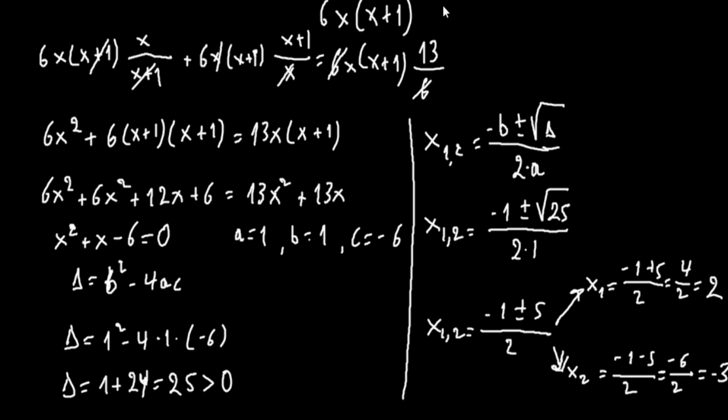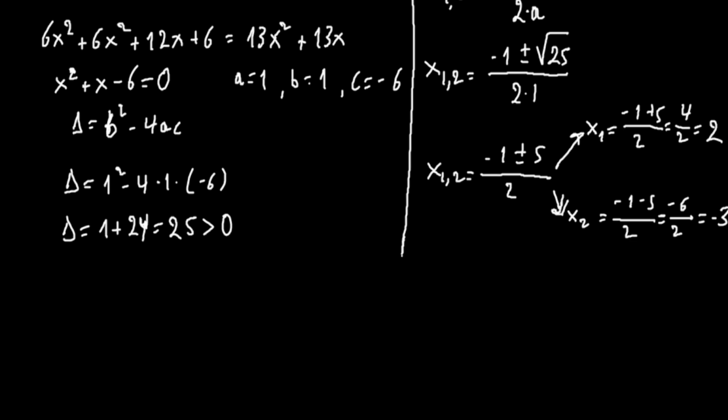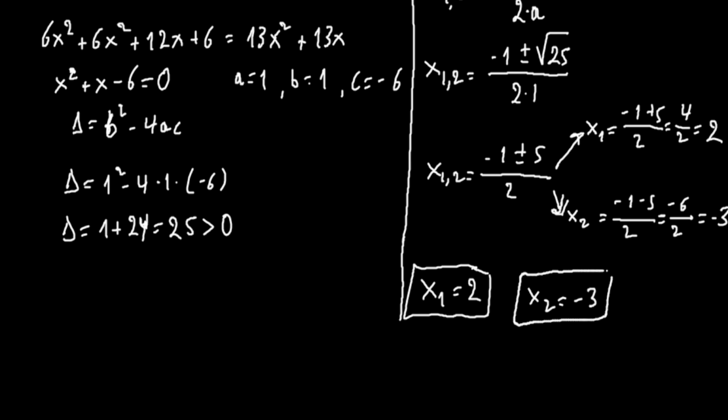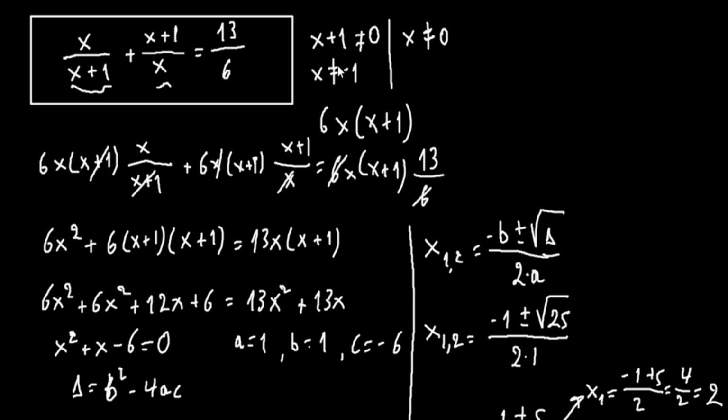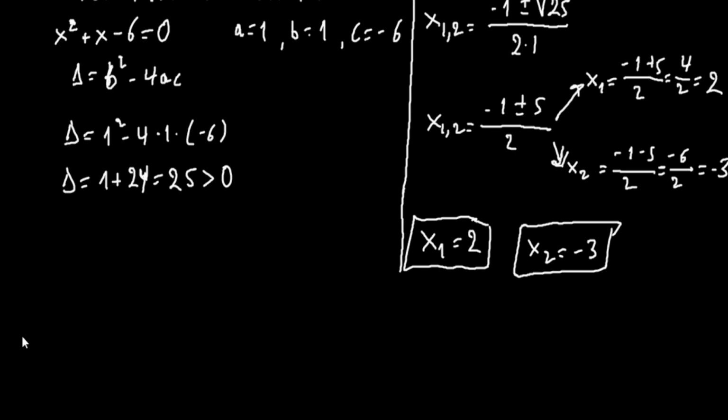So we have solutions, write it over here. We have that x1 equals 2, one solution, and x2 equals minus 3, another solution. Our two solutions are different from minus 1 and 0. Let's make a quick check here to see if we're right.